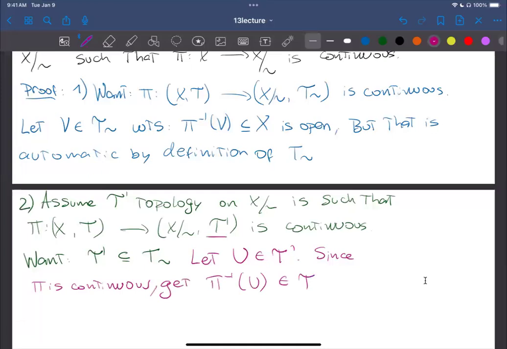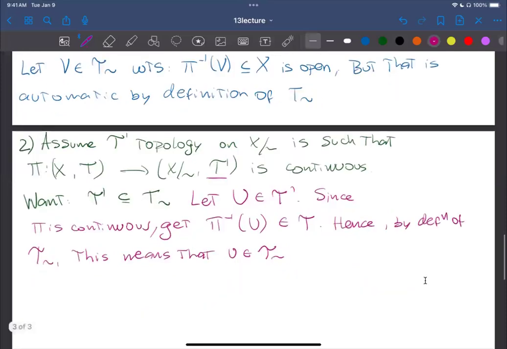Well, but then U is a subset of the quotient space for which the preimage is an element of T. So by definition of T tilde, of the quotient topology, this means that U lives in the quotient topology because its preimage under phi is open in X, is an element of T. So we've taken any element in T prime, shown it lives in T tilde, and that means that T prime is a subset of T tilde, which means T tilde is finer than T prime, and that's any T prime, so T tilde is finer than any topology for which the quotient map is continuous, and that's exactly what we want.